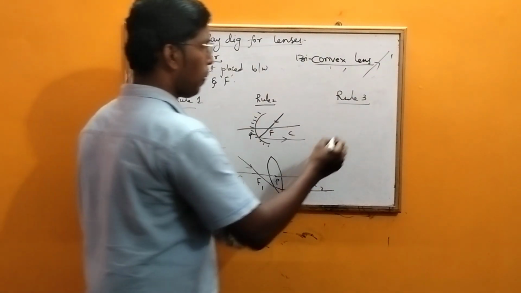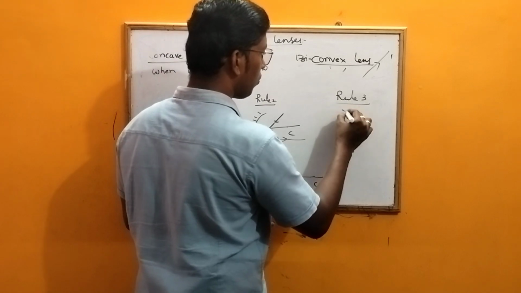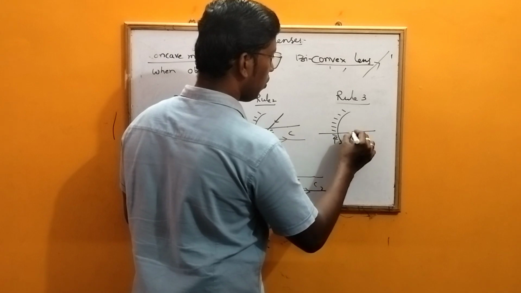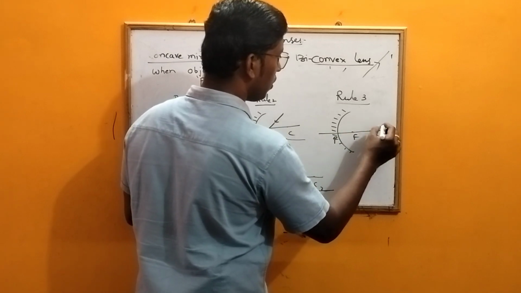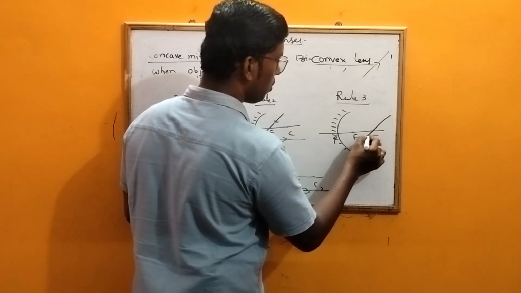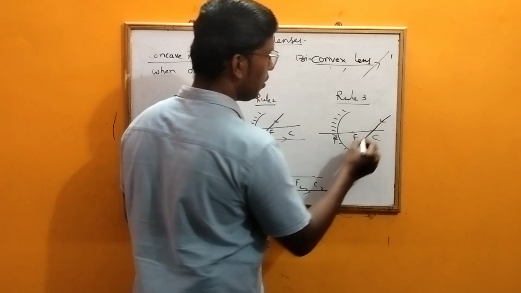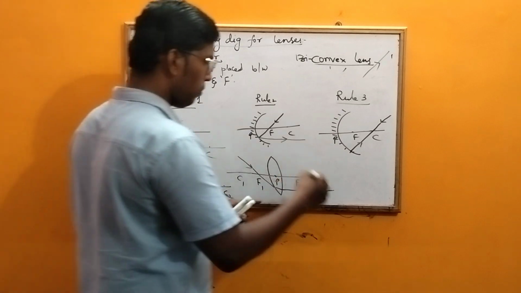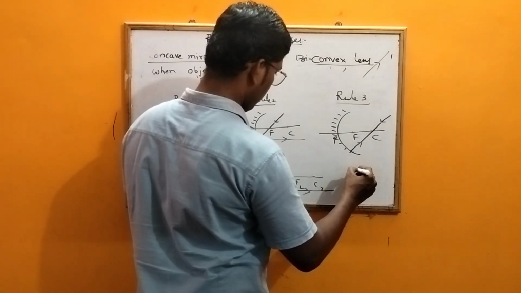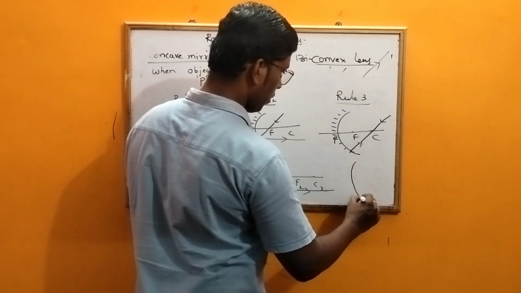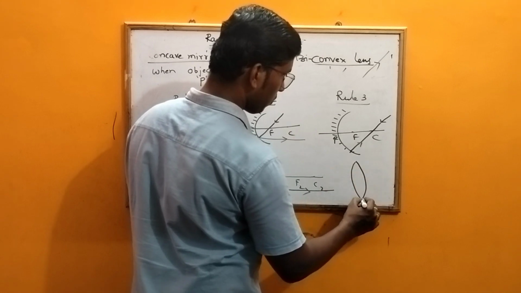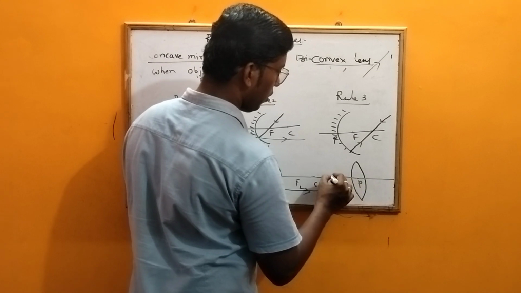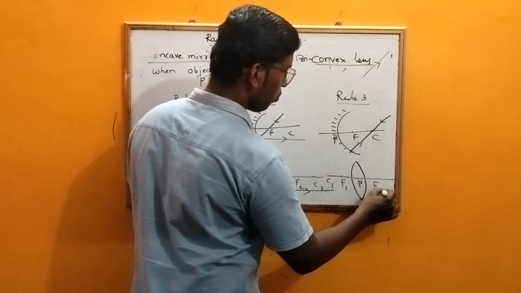Now rule 3. Pole, focus point and center of curvature. If a light ray passes through center of curvature, after reflection it passes in the same direction. Now same thing for convex lens: optic center, F1, C1, F2, C2.